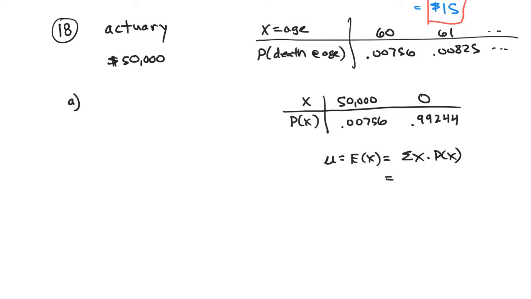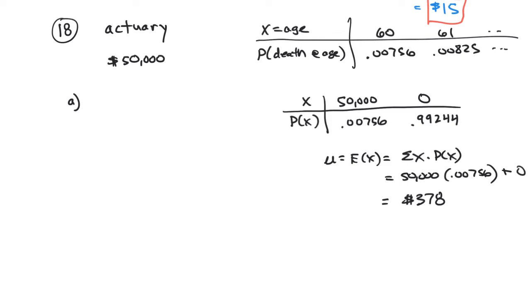And if you do that, when you multiply these two together, you're going to get a number, and this is just going to be 0, just like before, so it doesn't really matter here. So we multiply 50,000 times 0.00756, and I could say plus 0 times 0.99244, but it's just going to be 0, so it doesn't really matter. So when we do that, what we will end up getting is $378.